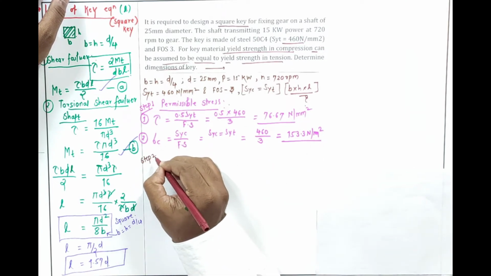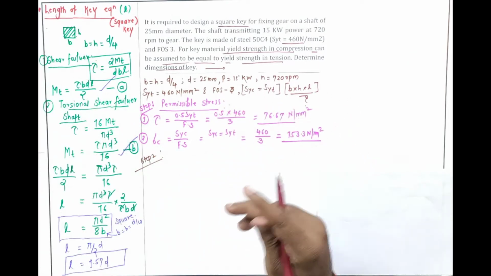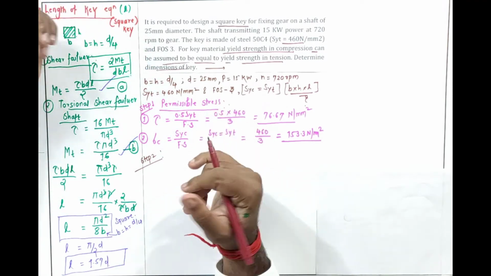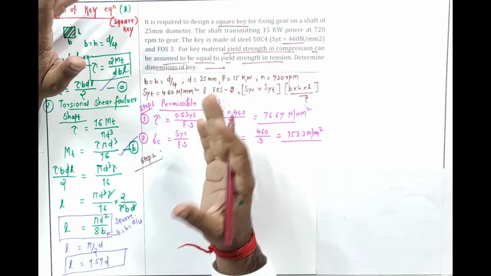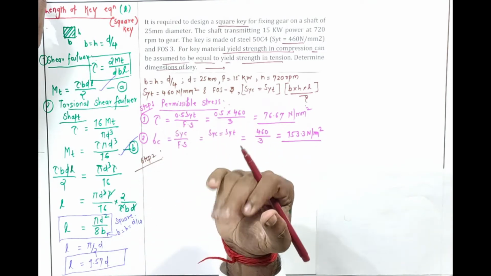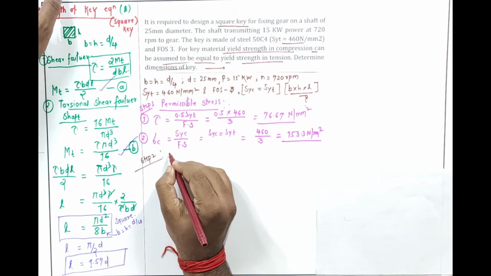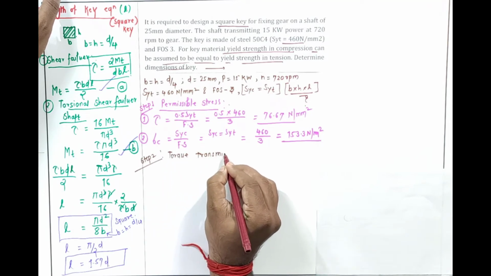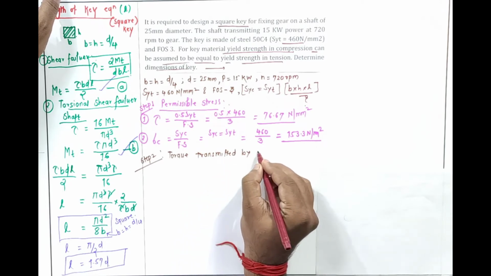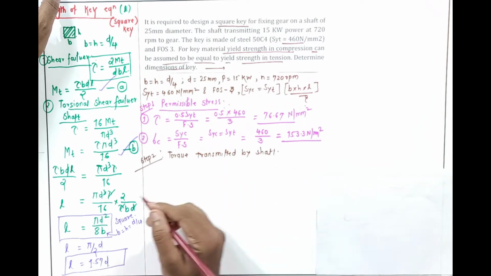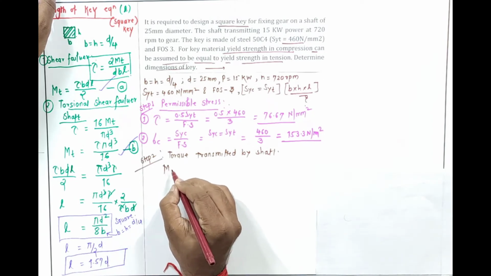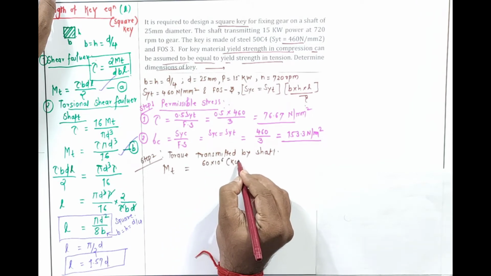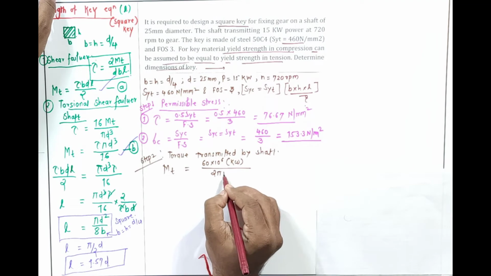Then step number 2, very important. As I told you, like a shaft, you need to find the torque transmitted by the shaft. So I'll write torque transmitted by shaft. We know torque transmitted by shaft, mt, is equal to 60 into 10 raised to 6 into power divided by 2 pi n.